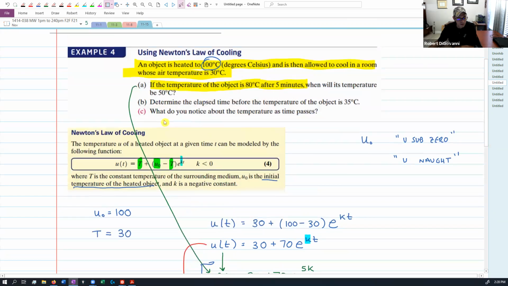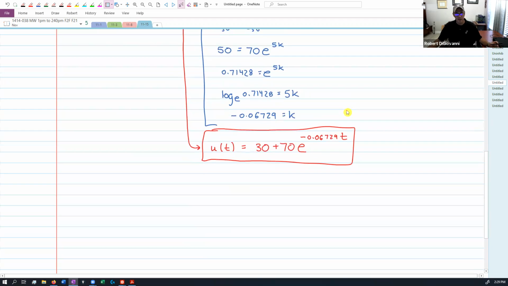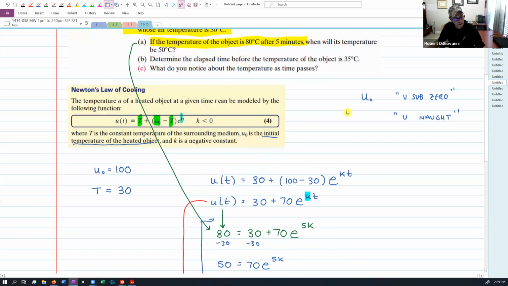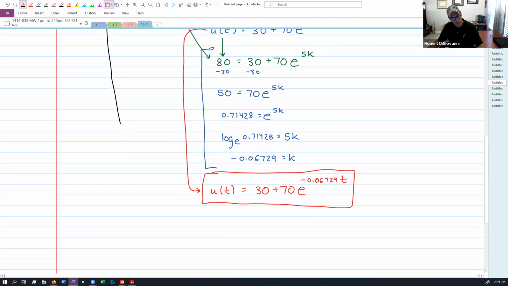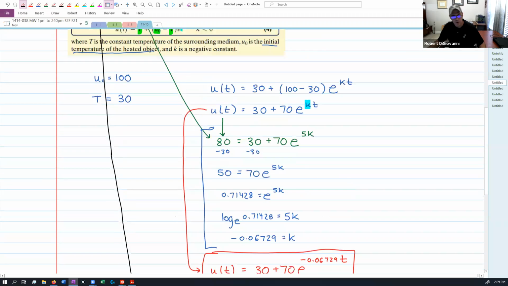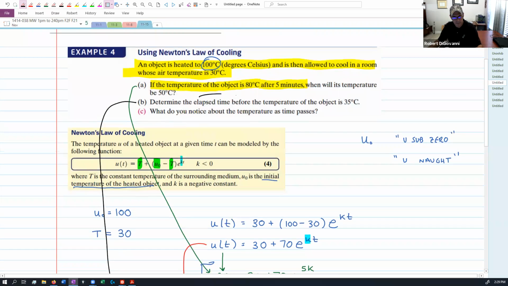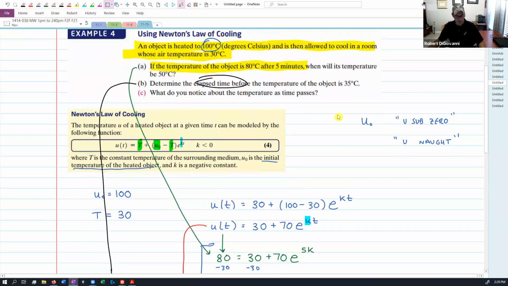So to answer part C, determine the elapsed time before the temperature of the object reaches 35 degrees. All we would do there is replace the left side. Let me do this in a different color here. We want to know how much time it takes for the object to reach 35 degrees.